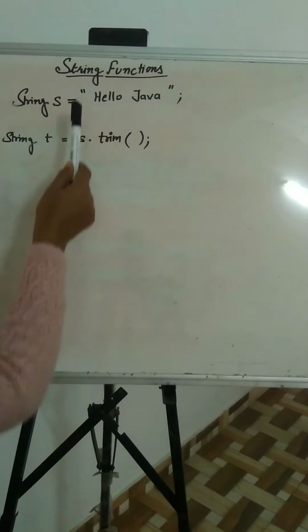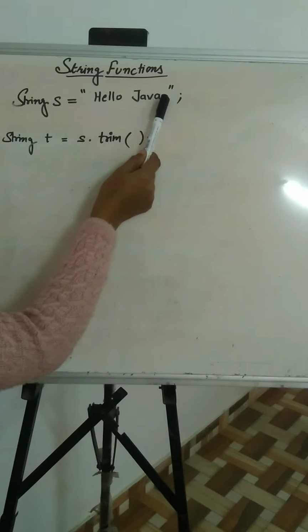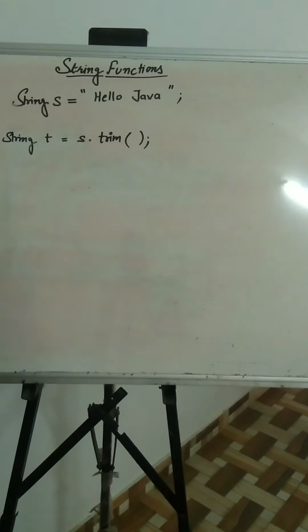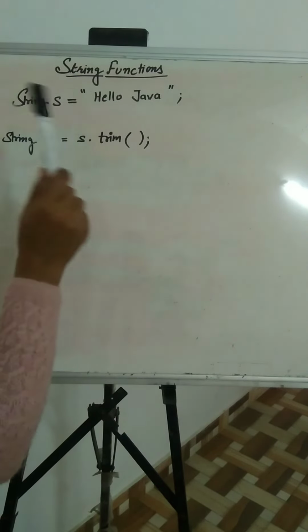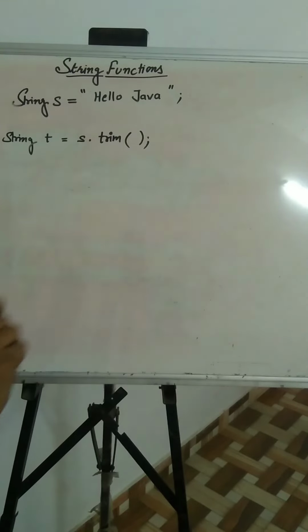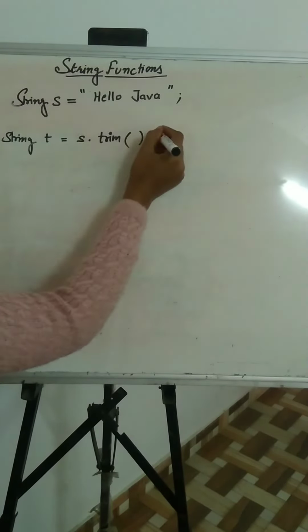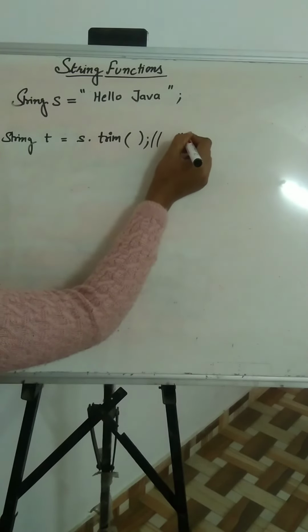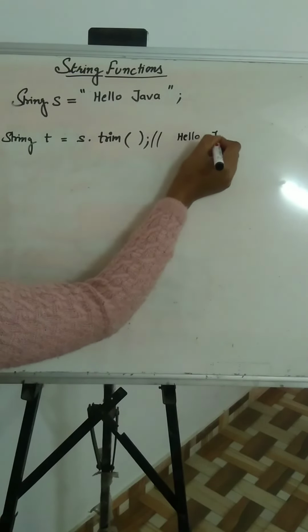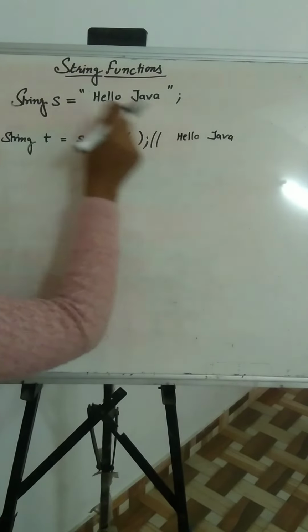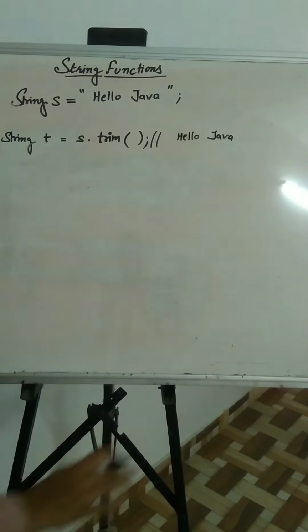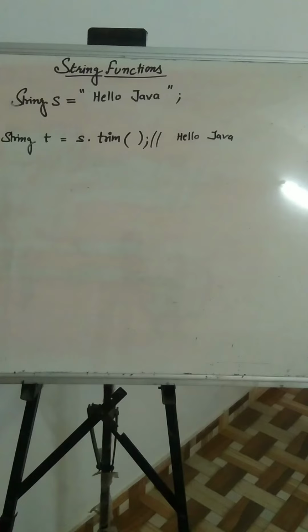So either side of the string, both sides, means before the string and after the string, it will remove that space, those blanks, while the space in between the words remains unchanged. According to this, it will be stored like this: hello Java, with the space before and after removed. It's a trim function.